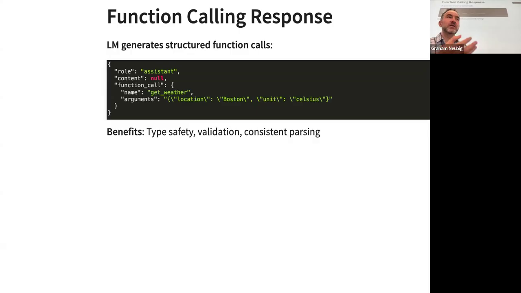And some of the API providers are certainly enforcing this function calling format behind the scenes too. Your system is responsible for handling the function call. The LM will just return this function call, and after that, it's your responsibility to actually execute the code corresponding to this.